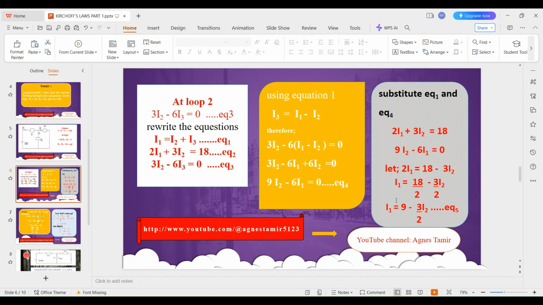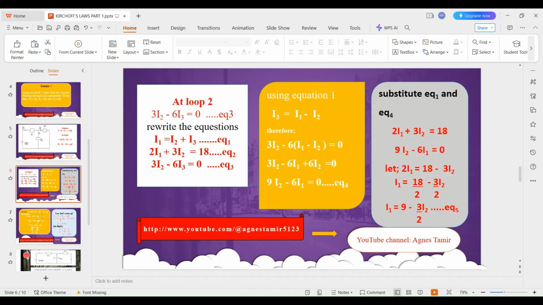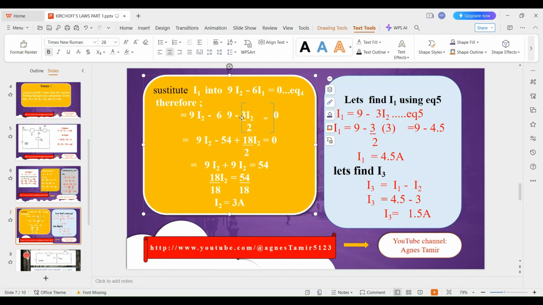Remember, I said you can as well pause the video and work. When we replace I1 into equation 4, equation 4 was 9I2 minus 6I1 is equal to 0. So we have 9I2 minus 6I1. This bracket should be here, and this should be here too.